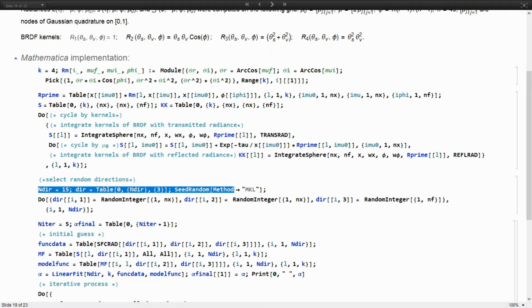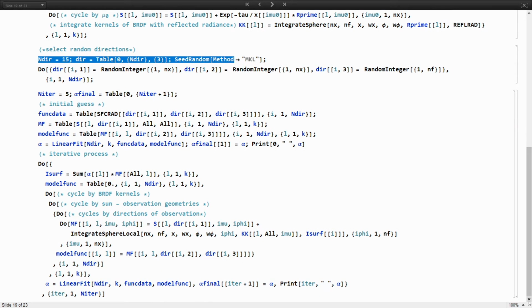These random directions are then used to retrieve values of reflected radiance from my modeling results I used before. And this code here is just the implementation of the iteration process I just described.